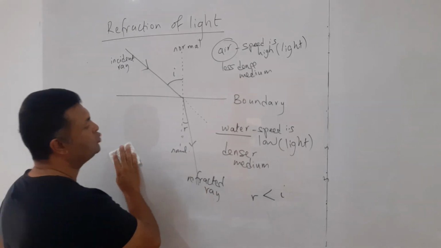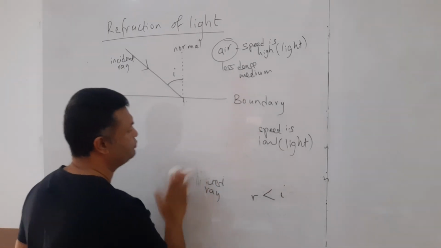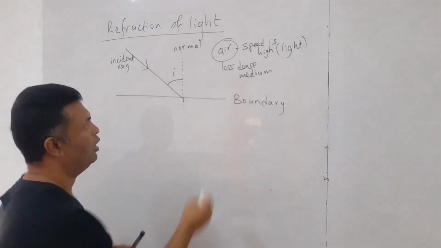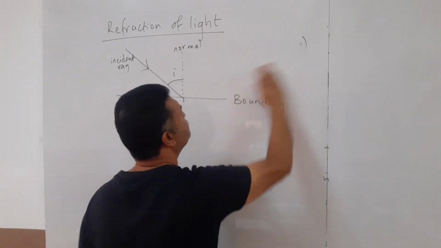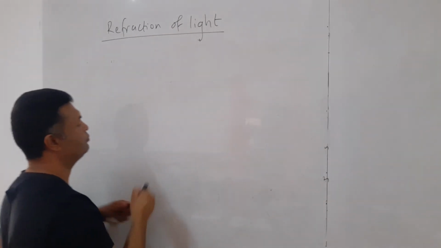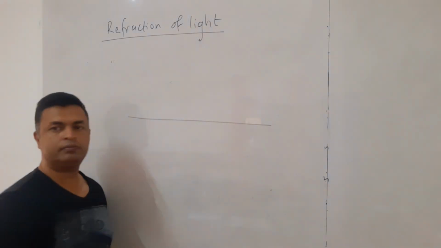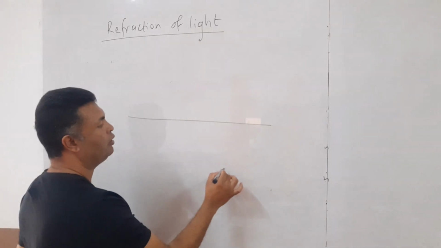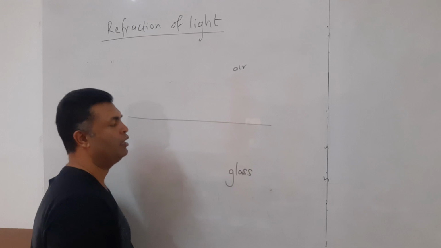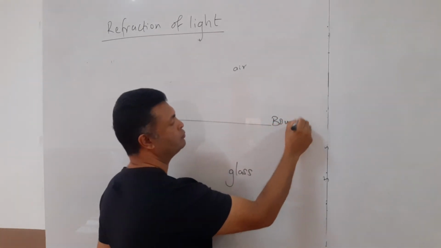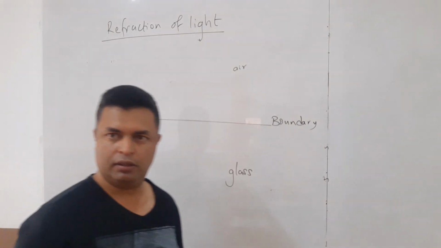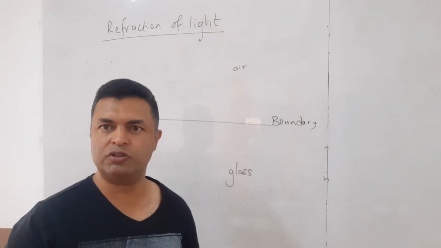Now, if I change the medium, I'm removing water from here and I'll do the reverse. I have the boundary. Let's say I'm taking glass here and I have air here. You should know which one is the less dense and which is the denser medium.